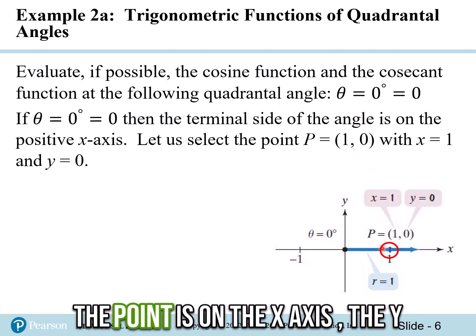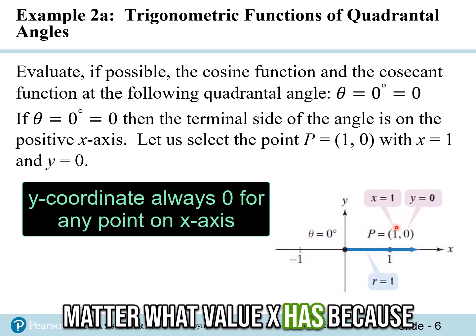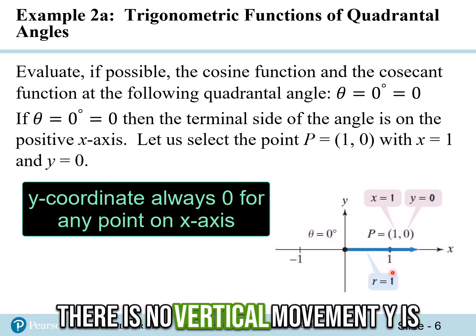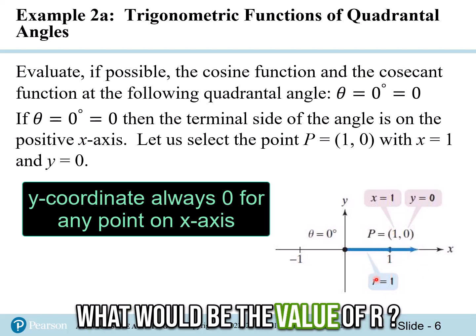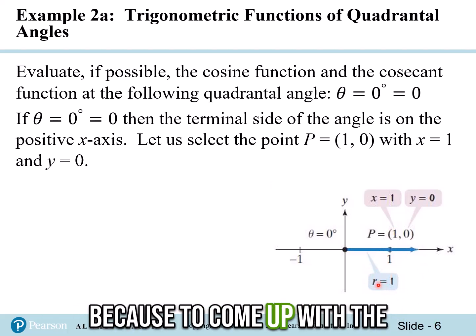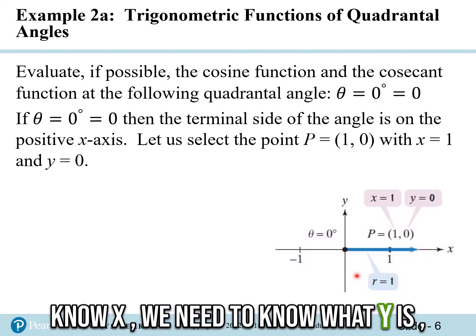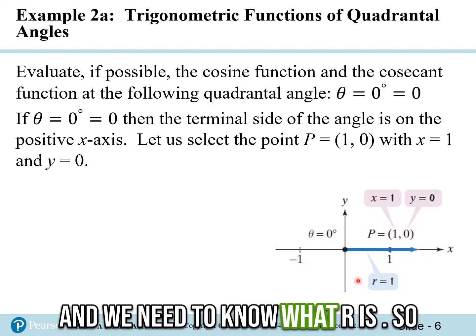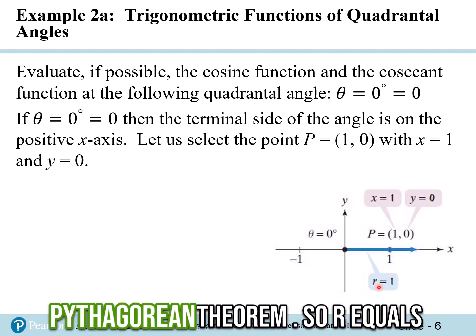Now, when the point is on the x-axis, the y value will always be 0, no matter what value x has, because there is no vertical movement. Y is always going to be 0. So what would be the value of r? Because to come up with the trigonometric ratios, we need to know x, we need to know what y is, and we need to know what r is. So we can find the value of r using the Pythagorean theorem.